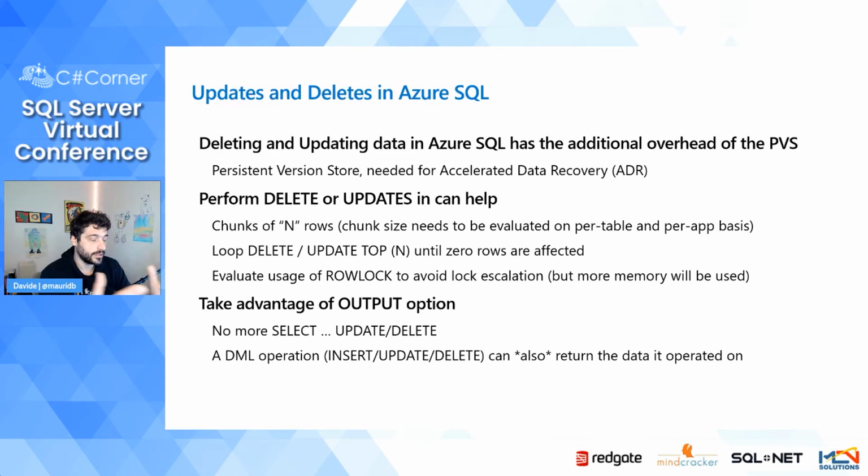So basically doing a delete top n and doing a loop until the rows are deleted or updated, or use a hint called row lock to make sure that Azure SQL always puts the lock on each row instead of locking the entire table. Of course, this is a kind of trade-off between concurrency and memory usage.